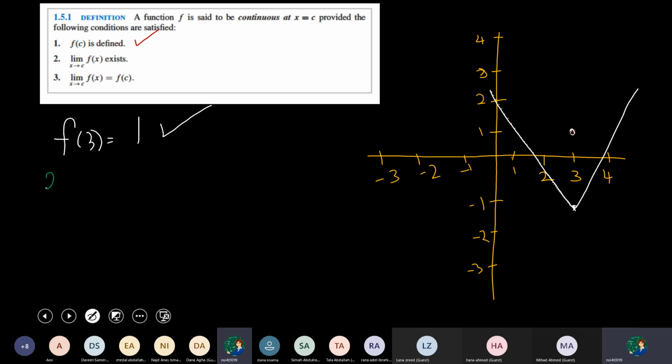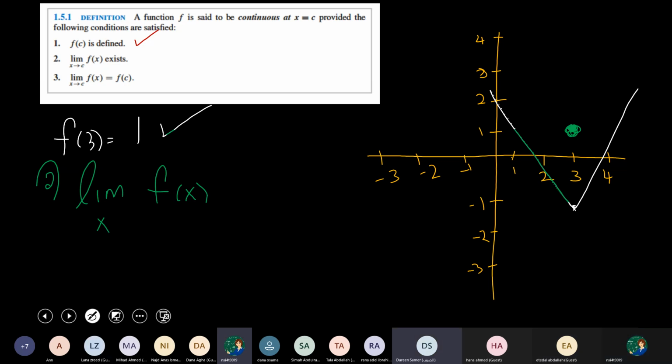For the second one now, let's check the limit. Limit f of x. Teacher, isn't it supposed to be -1? That is f of 3, not the limit. Here, the closed one is the value of the function. F of 3 is equal to 1.